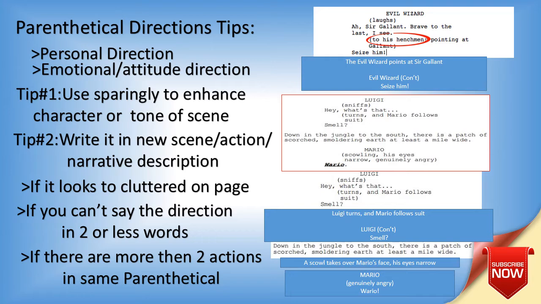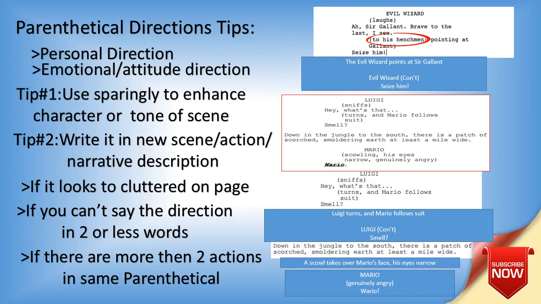I can't even follow where all these parentheticals, or it looks like a mishmash of just jumbled up words on a page. I'm going to skip reading this screenplay. I'm going to pass, throw it in the trash, move on to another screenplay. So that's another big reason you don't want to overdo these parentheticals.